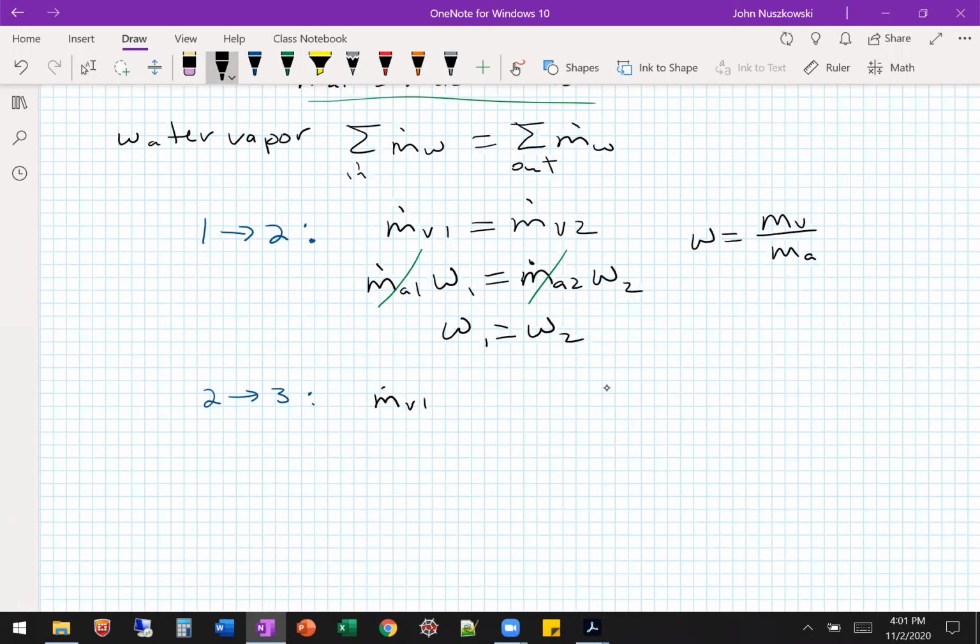So we have the moist air entering at 2, plus the water that we're injecting, and then that all exits at 3.